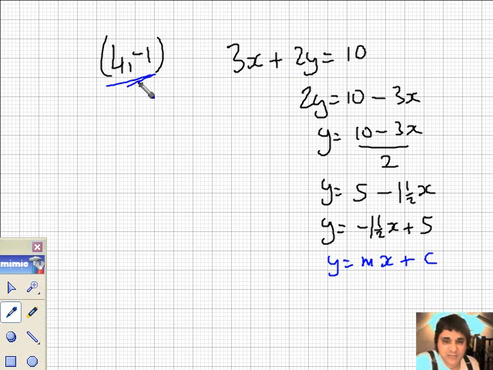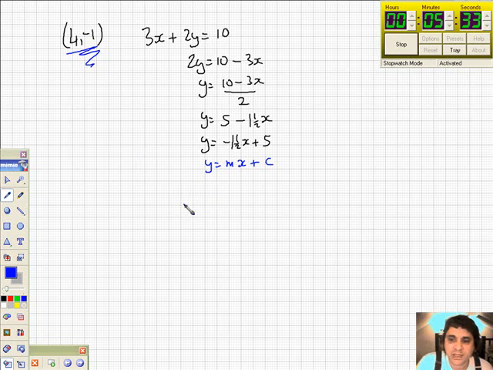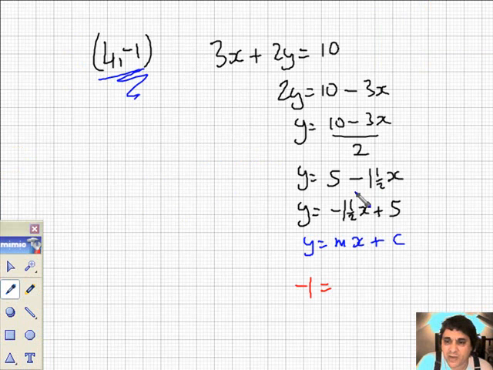Now I've got to pass through this point as well, which means I've got to substitute my 4 in the x value and the minus 1 into the y value. So minus 1 equals, and the gradient's going to be minus 1.5, minus 1.5 times 4, because that's the x value, plus c.